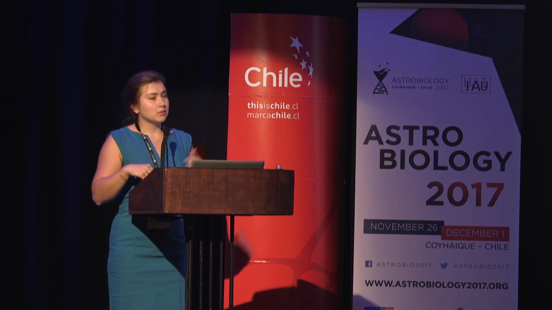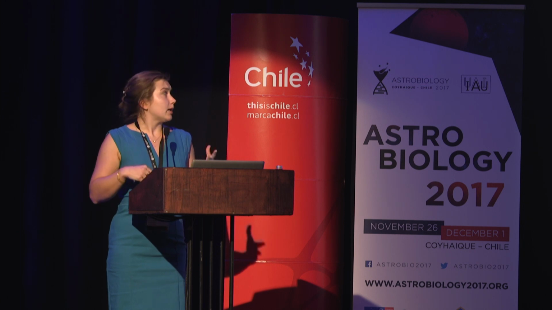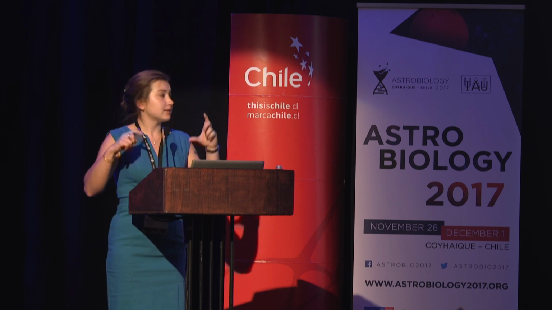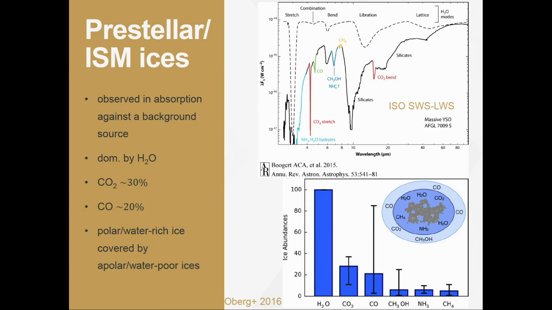So in that sense, what we think is the initial icy prestellar ice is this first layer of polar water-rich ice, followed by this layer of CO, likely mixed in with some methanol.